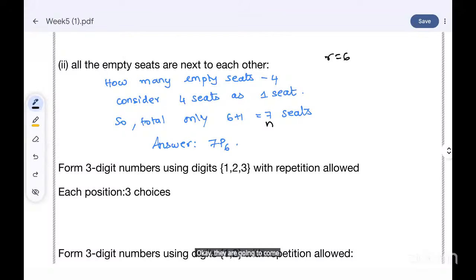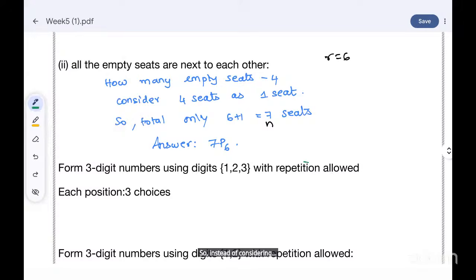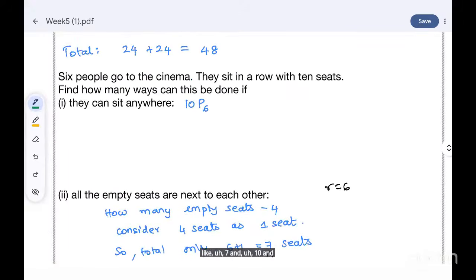Maybe I will give you a simple example. Instead of considering 7 and 10 and 6, let's say you have 5 seats and 3 people have to be seated. Suppose the 2 empty seats are always together.